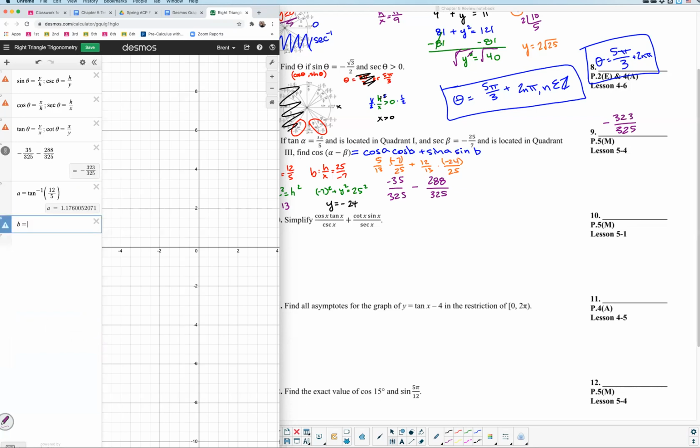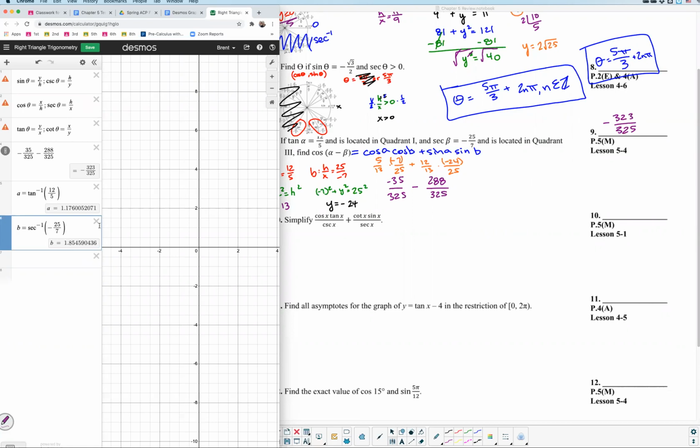B is going to equal the inverse of -25 over 7. And the one problem with this is that there's no way of stating that it's giving you a value secant in the second quadrant.